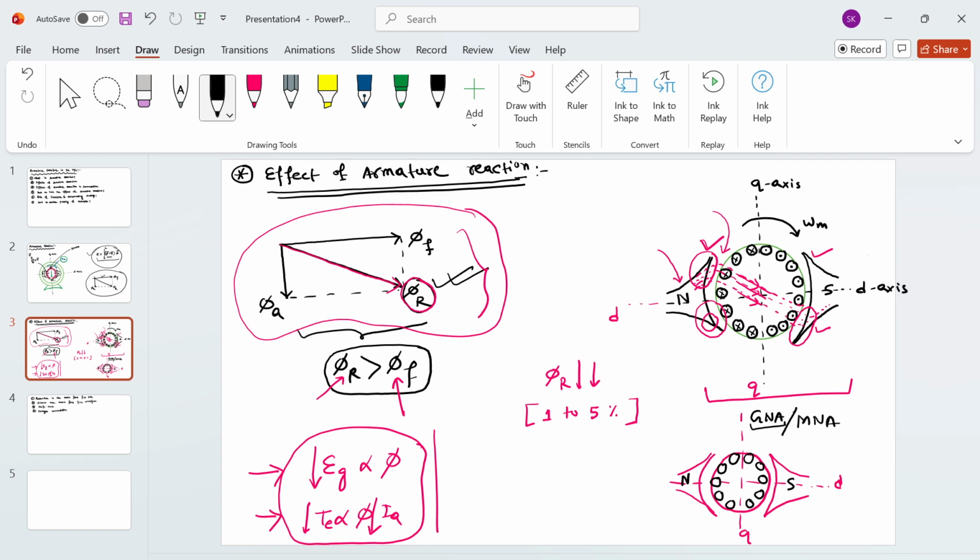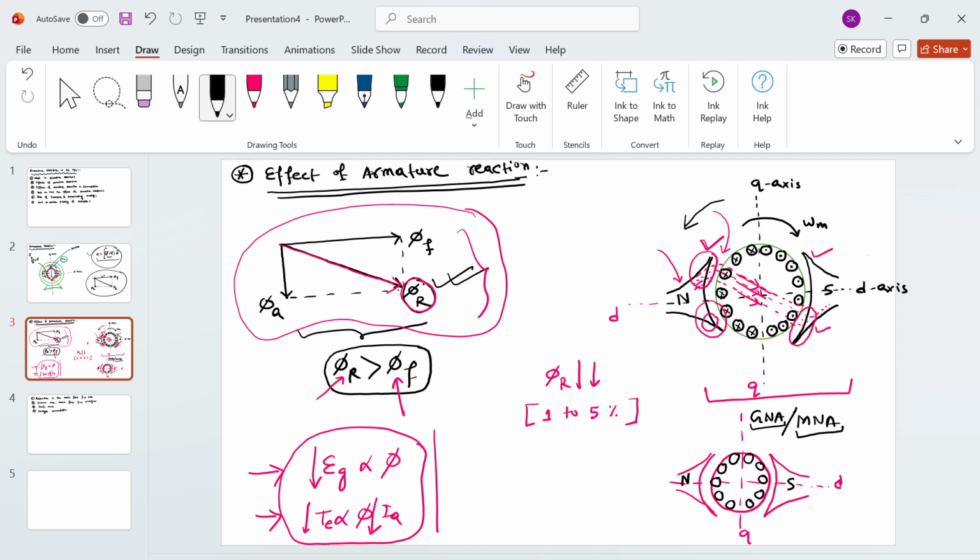So the magnetical neutral axis will shift in the direction of rotation if it is a generator, and in the opposite direction if it is a motor. For example, if your motor is rotating anti-clockwise, then the MNA will shift clockwise. So there is opposite movement of the MNA in a generator and a motor. We can discuss this later, but there will be a shift of MNA.